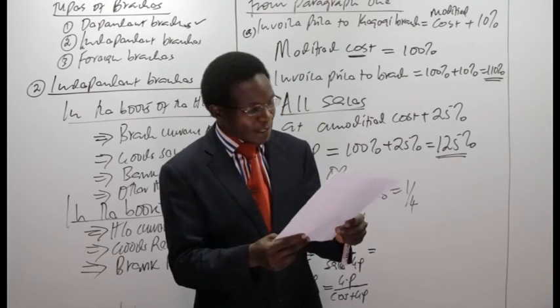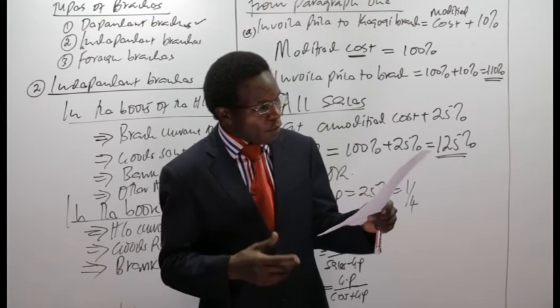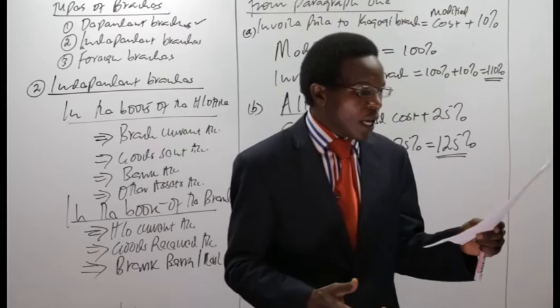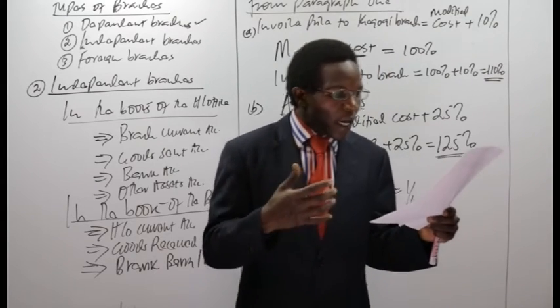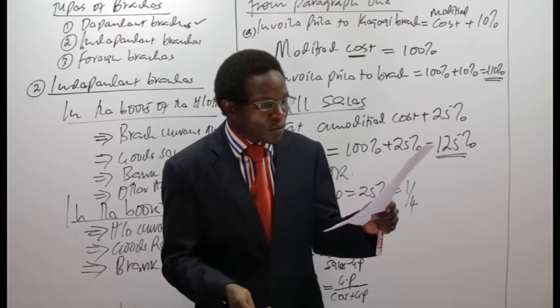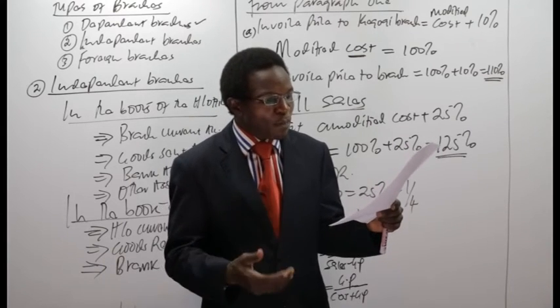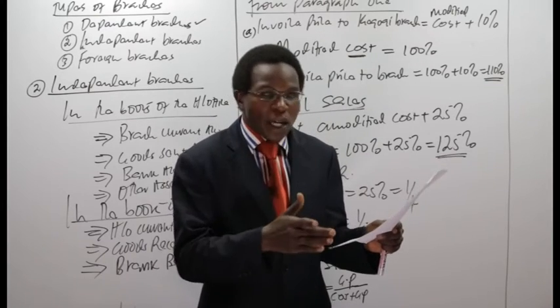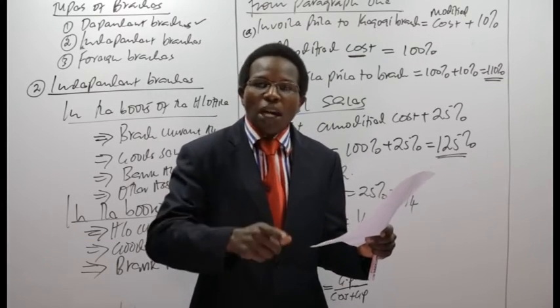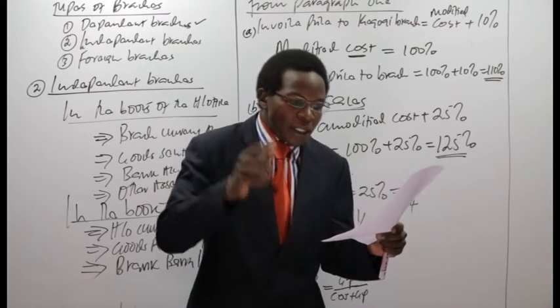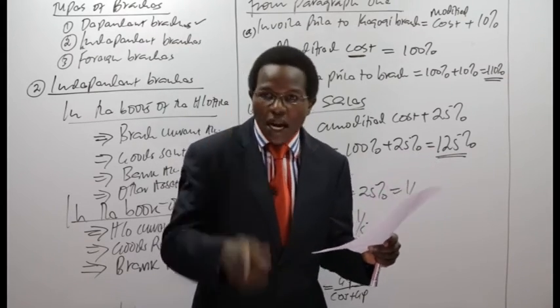So we have that. We may be told that in additional information. Then we have also been given the branch and head office current account. The branch current account is 1949, while the head office current account is 1307.5. Now, friends, don't forget that in the books of Nairobi branch, we are maintaining a branch current account, while in the books of Kegogi branch, we are maintaining a head office current account.